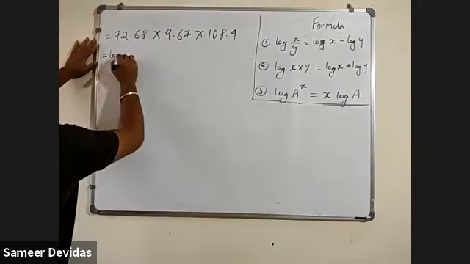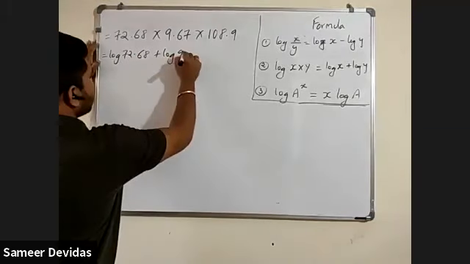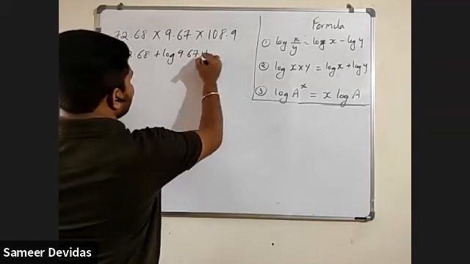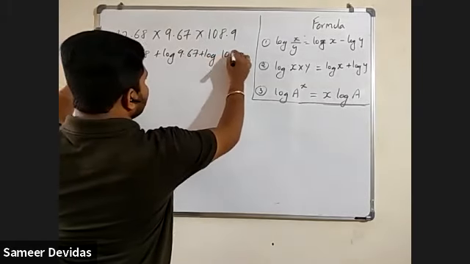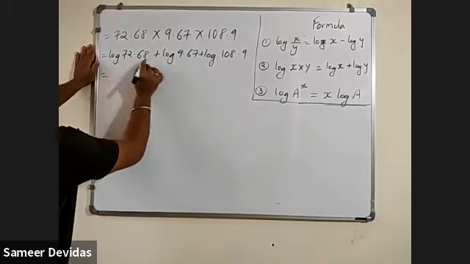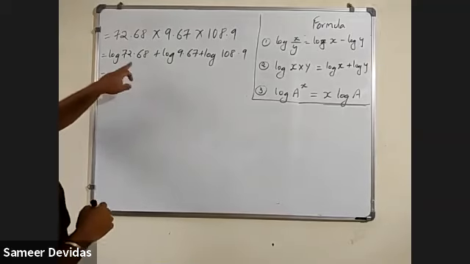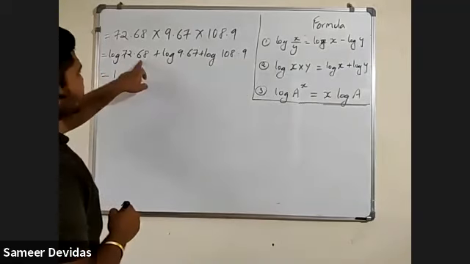Log 72.68 plus log 9.67 plus log 108.9. Now log 72.68, what is it? 1 point, the characteristic is 1. So 72 under 6 under 8.